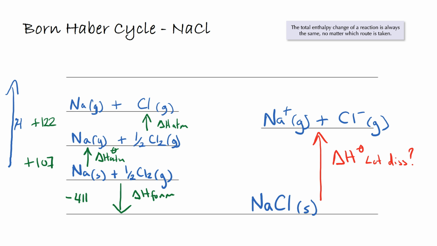The next step: we've now got the gaseous atoms, and want to get across to the gaseous ions. So the next step is to get the sodium into gaseous ions. We have sodium gas going to Na plus plus 1 mole of electrons, that's the first ionization energy, and we've got the chlorine atoms again, which are still gaseous.